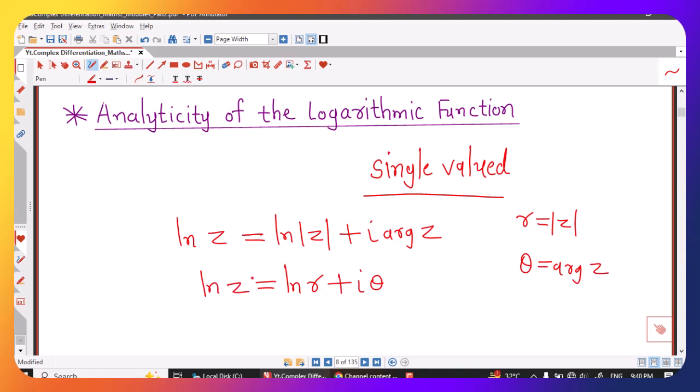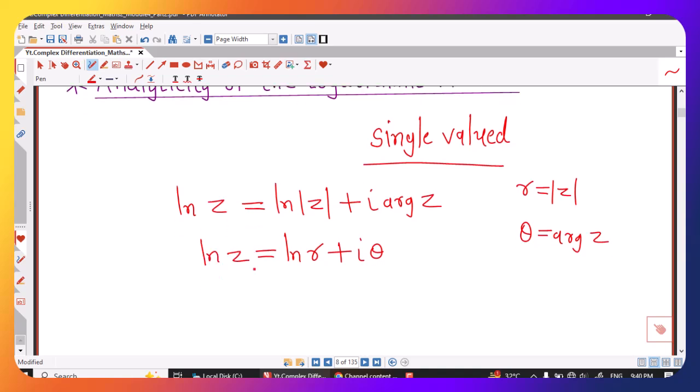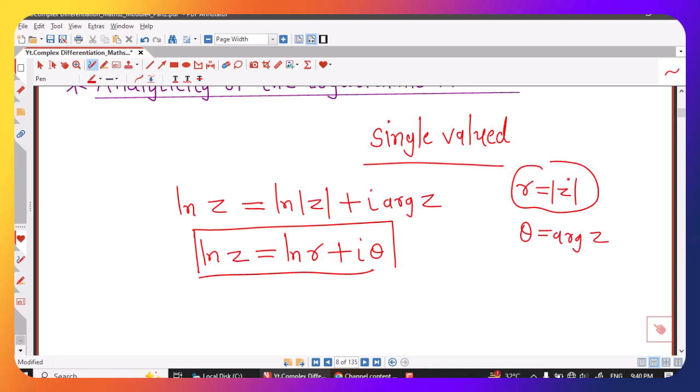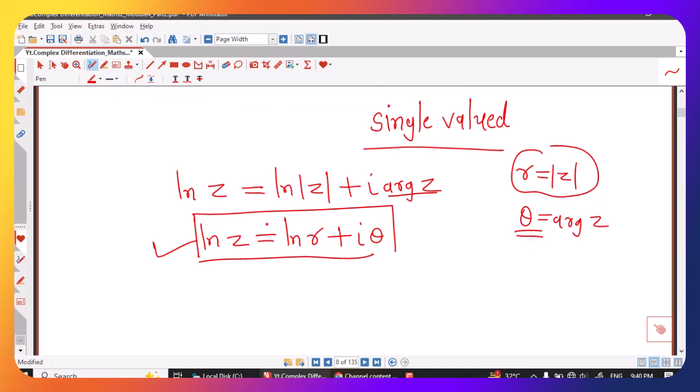If z is a non-zero complex number, then we know this definition of the complex logarithmic function: log of the absolute value of z plus i times argument of z. We consider r equal to the absolute value of z, and the argument of z is denoted by theta. Then we write our function in terms of r and theta.